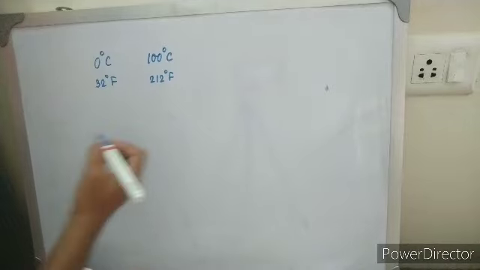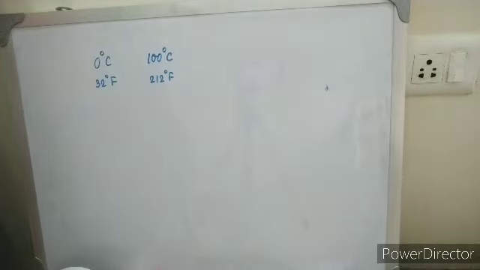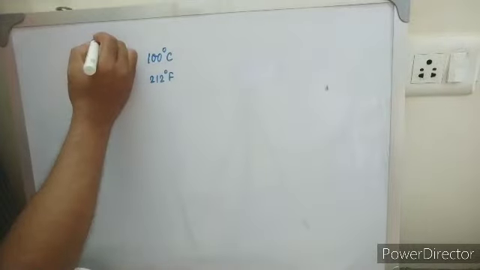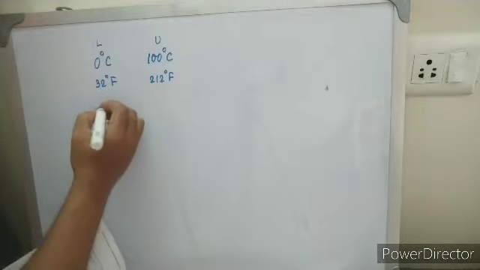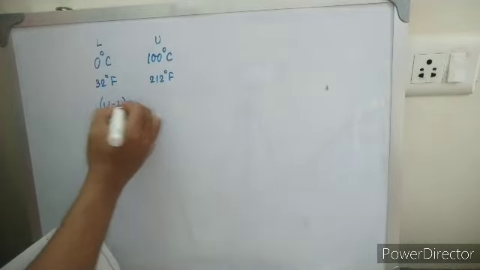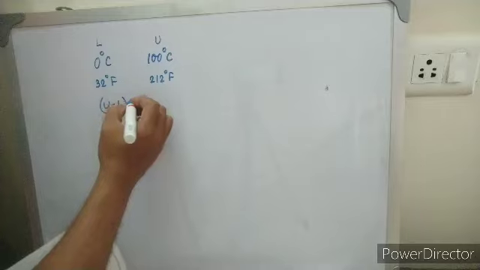So the fundamental difference, that means প্রাথমিক অন্তর বলে একটা ব্যাপার আছে, সেটা হচ্ছে লোয়ার ফিক্সড পয়েন্ট আর আপার ফিক্সড পয়েন্ট, এই দুটোর মধ্যে বিয়োগ করতে হবে. So U minus L, we have the fundamental difference.